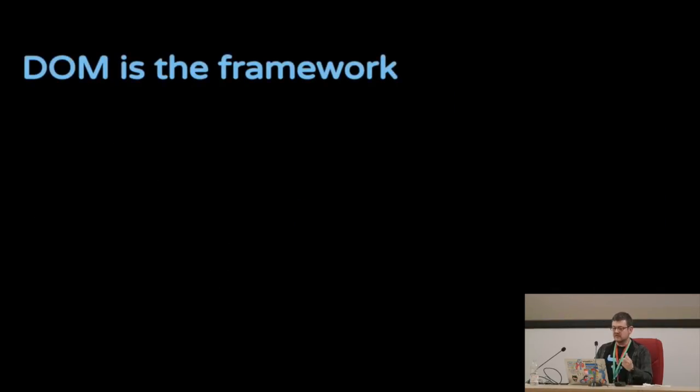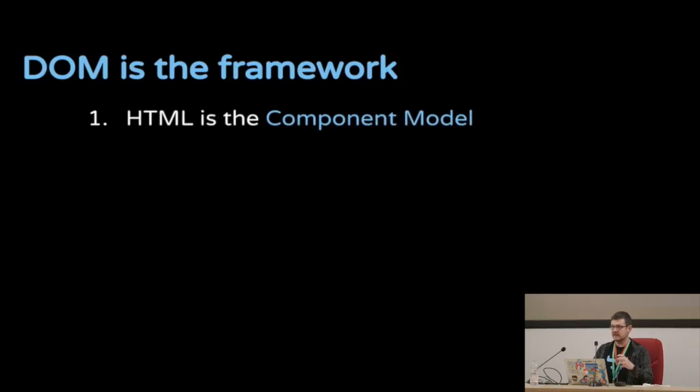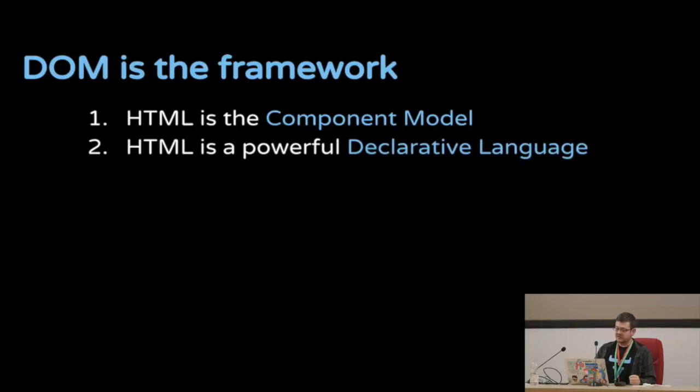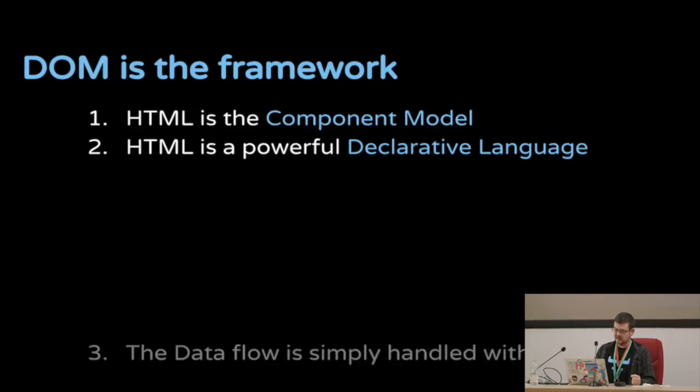So basically the DOM is the framework when you do a web component, or an application using web components, because HTML is the component model. HTML is a powerful declarative language itself, so you don't need anything else.